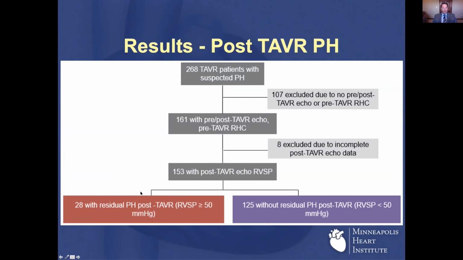Only 28 patients had residual PH, defined by the RVSP elevated at 50 or higher, versus 125 that normalized their right ventricular systolic pressures post-TAVR. So that accounts for about 18% of our patient population that had residual PH.